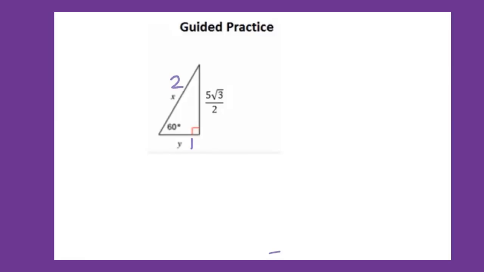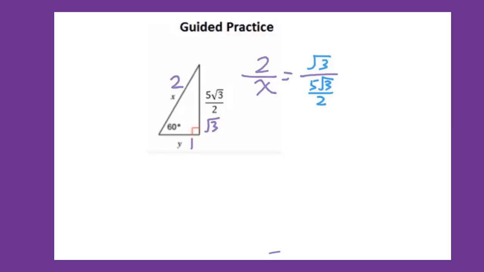Then the other leg will be square root of 3. If we're looking for this x, I can do 2 over x equals square root of 3 over 5 square root of 3 over 2.